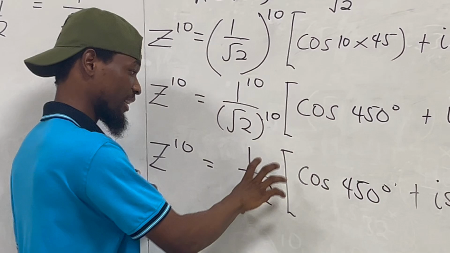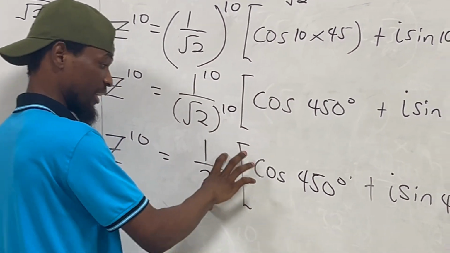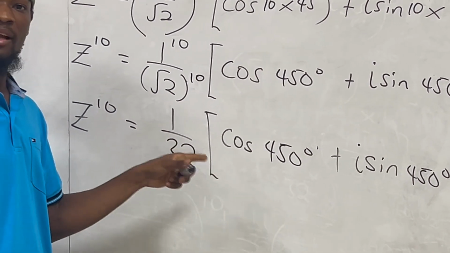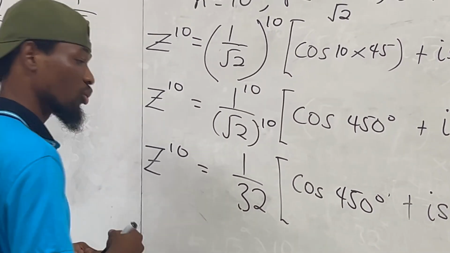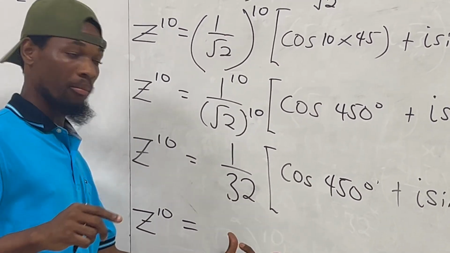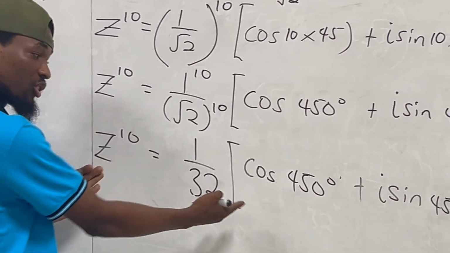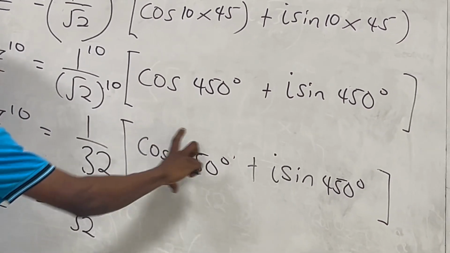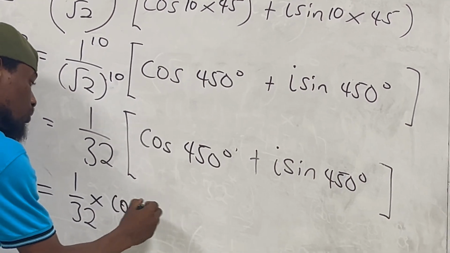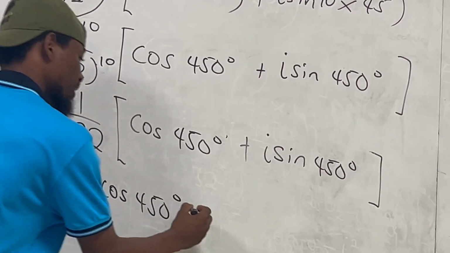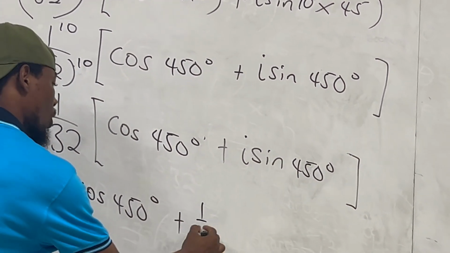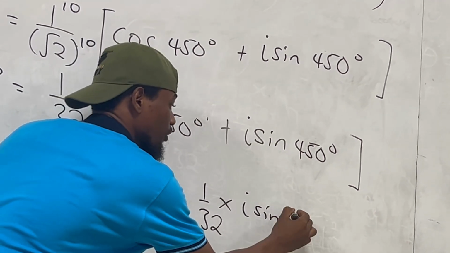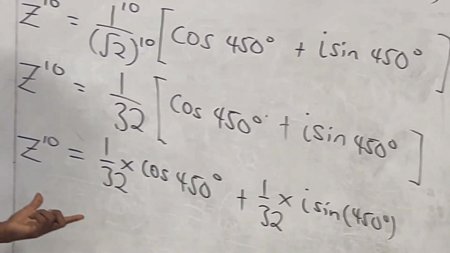You can decide to multiply this by this, then this by that, to convert your answer to the rectangular form. So to convert this to the rectangular form, you have 1 over 32 times cos 450 degrees, plus 1 over 32 times i sine 450 degrees.